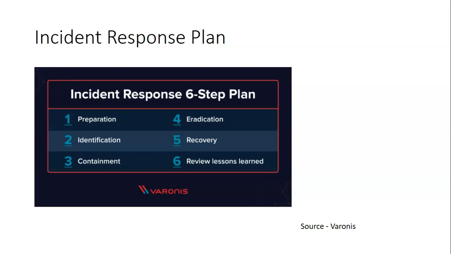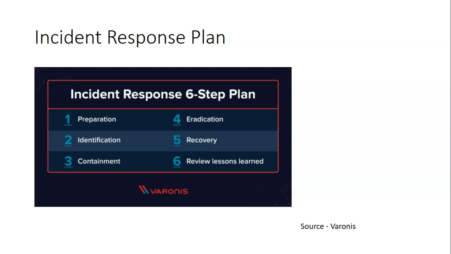and finally we have what's called review lessons learned. Some people just simply call it lessons learned. So what this means is you look at the incident and you see what could we have done better. Okay, how could we have prevented this incident from occurring, and how can we prevent it from reoccurring. Okay, and you're trying to identify how you responded in the other five stages.